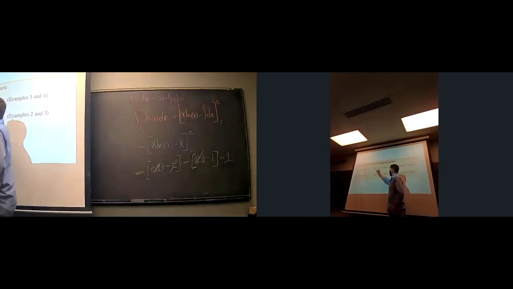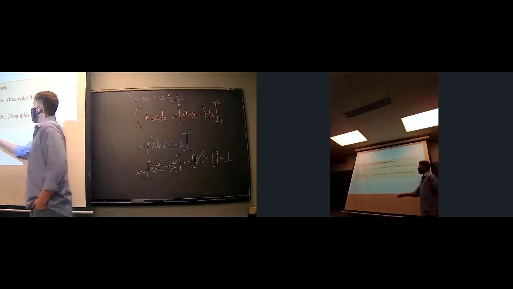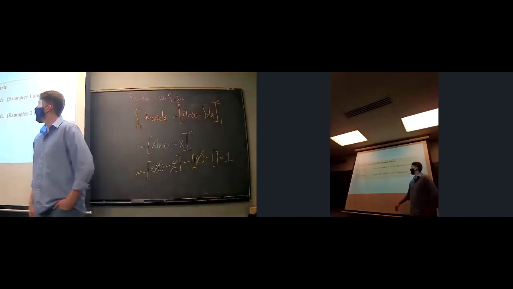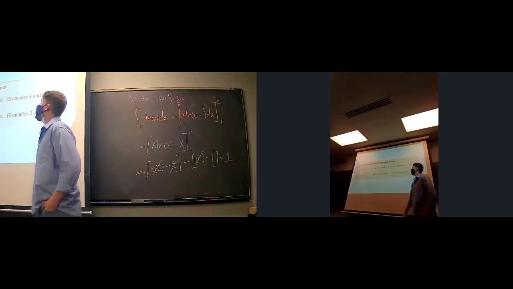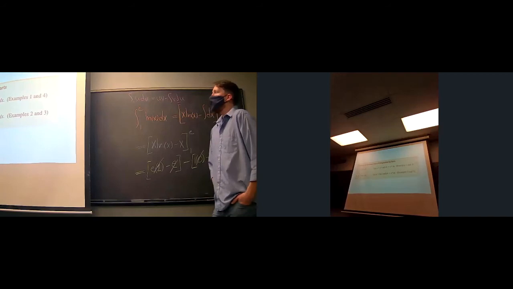In that first case, set your u equal to x to the n, your dv equal to e to the ax dx. In the second case, set your u equal to the ln of x, and your dv equal to x to the n dx.